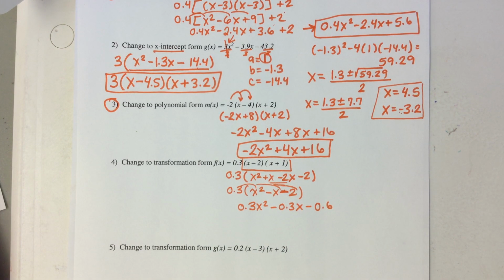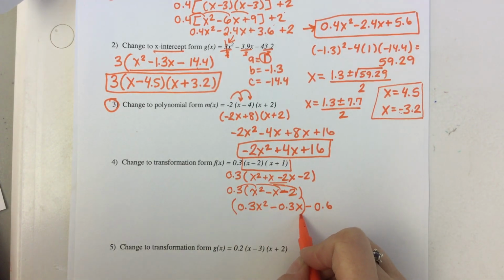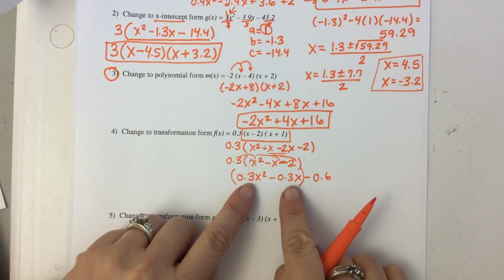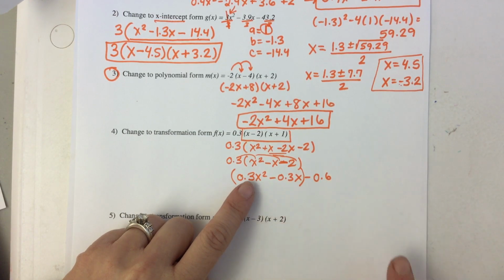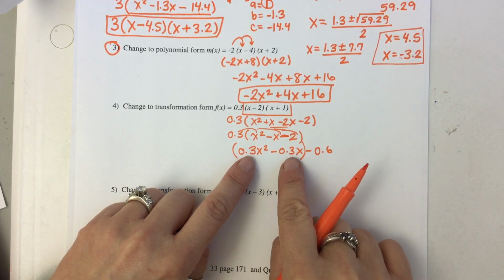If I am going into transformation form, this is that whole completing the square thing. When you complete the square, you put parentheses around the x terms and leave the number out. Before you can find the magic number, you need to divide the leading coefficient out of just the terms that contain an x.